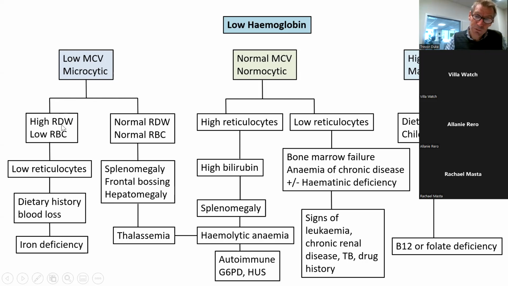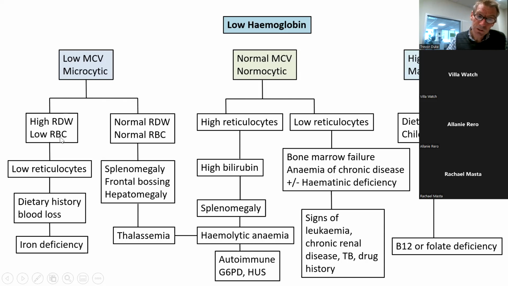And when you've got iron deficiency, there are some small red cells, very small, and there are some that are a bit larger or normal size. So there's a large variation in the distribution width of the red cells. And so there's a high red cell distribution width. That is, there's a wide variation. And this is important. In iron deficiency, there's a very high red cell distribution width.